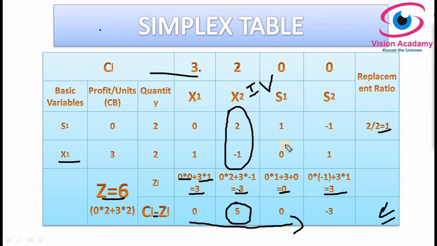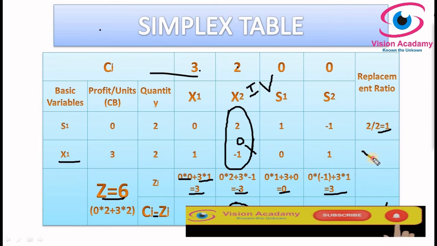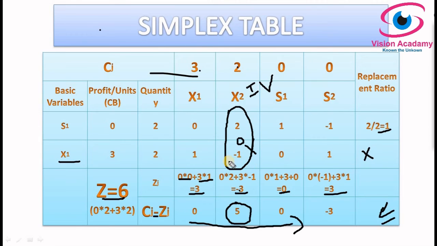Replacement ratio is 1, and 2 by minus 1 you cannot do, because for calculating the replacement ratio you should consider only positive values. You should not consider negative values or any 0. Since it is minus 1, we are not going to consider it. We will leave it as it is.